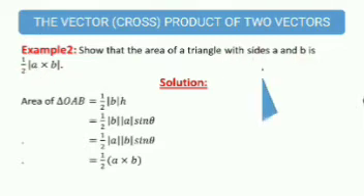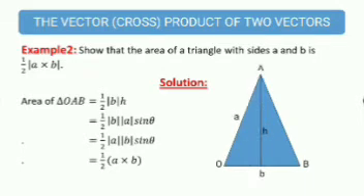So let's look at this triangle. We are given this triangle OAB. To find the area of triangle OAB, it's the same thing as half base multiplied by height. So we have half, and the base is B, so modulus of B, multiplied by the height. This is the height.